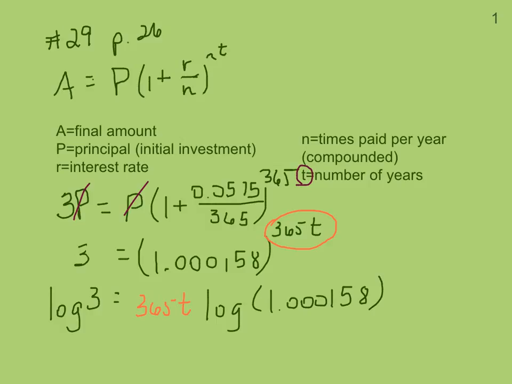So then we're going to divide both sides by log of 1.000158, but we're also going to divide both sides by 365. Now you need to be careful when you put this in your calculator.